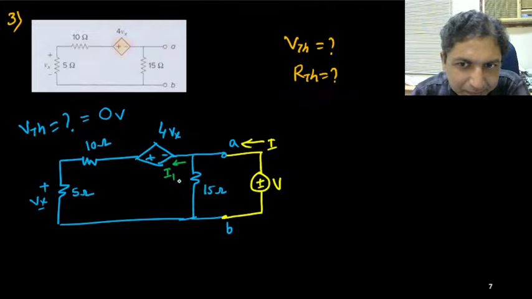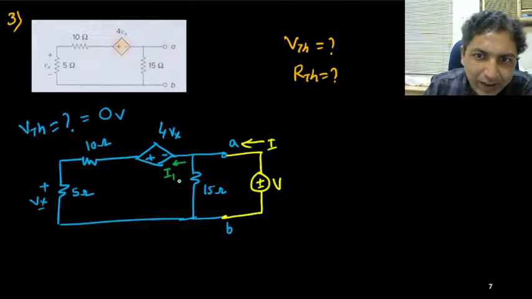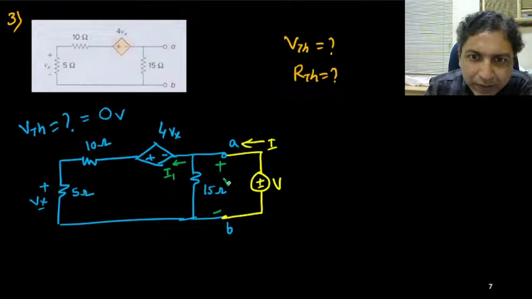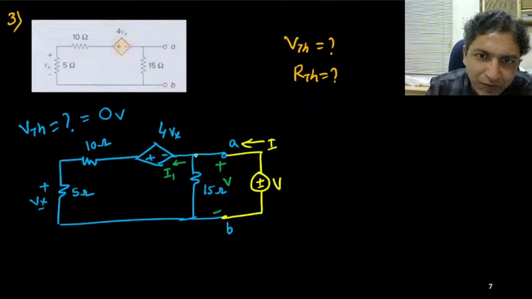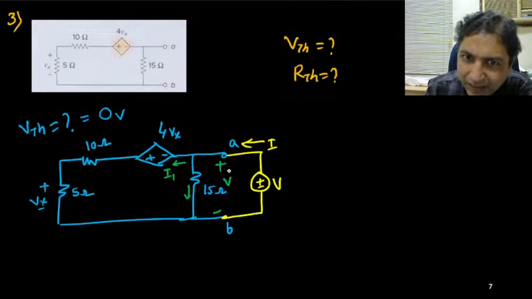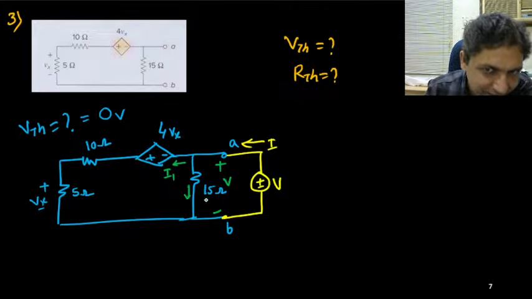And you can see that this potential is also V, because there is no resistance in this path. So current is flowing capital I, but there is no resistance here, so there is no drop. So this total voltage V will appear across this 15 ohm resistance. So this current, easily we can find out, is V upon 15.